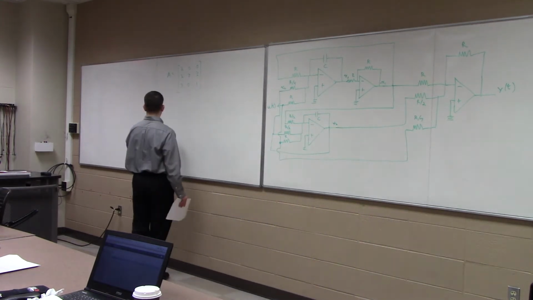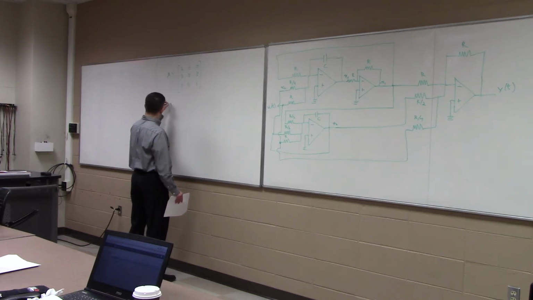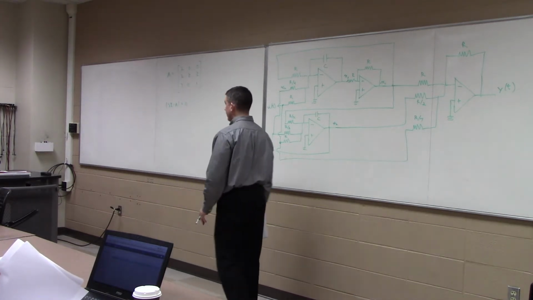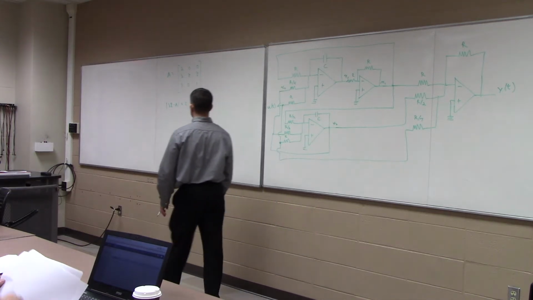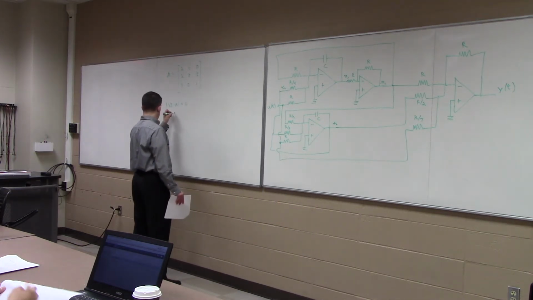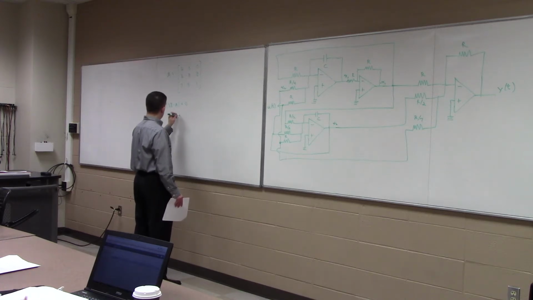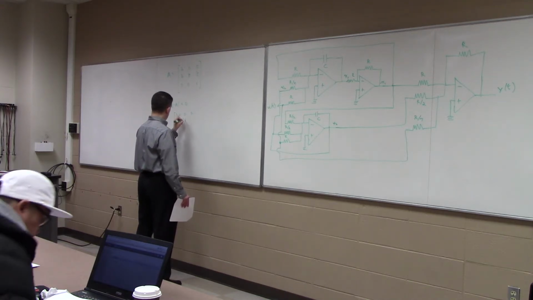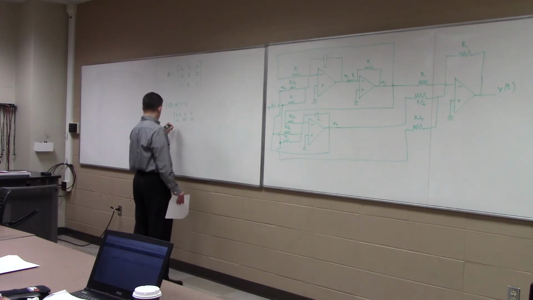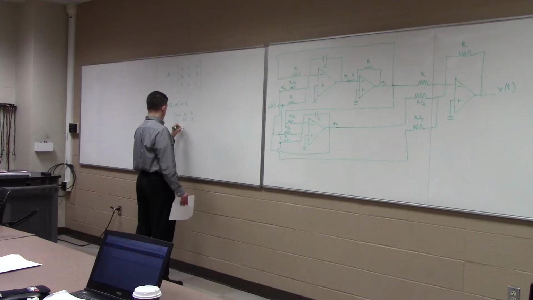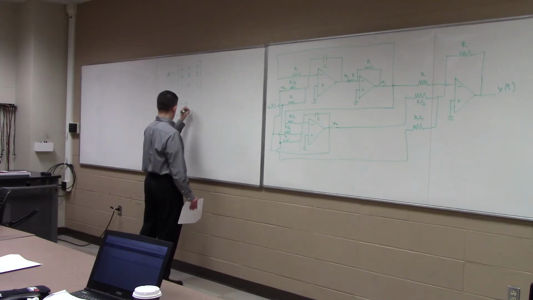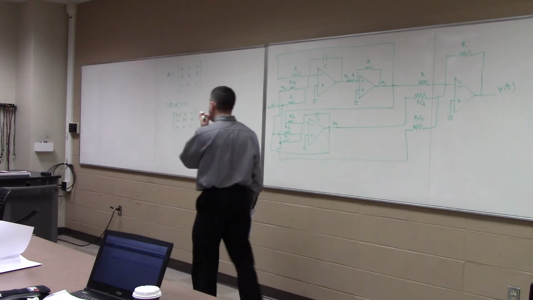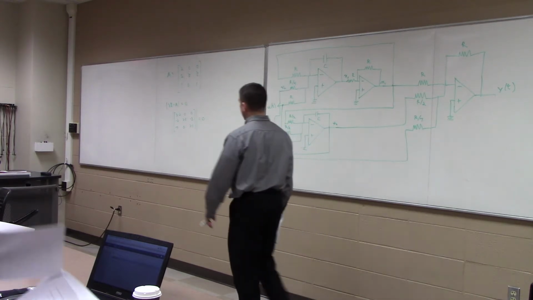So to find eigenvalues, we set the determinant of lambda I minus A to 0. Okay, so lambda I minus A looks something like that. Now I'm going to try to take the determinant.